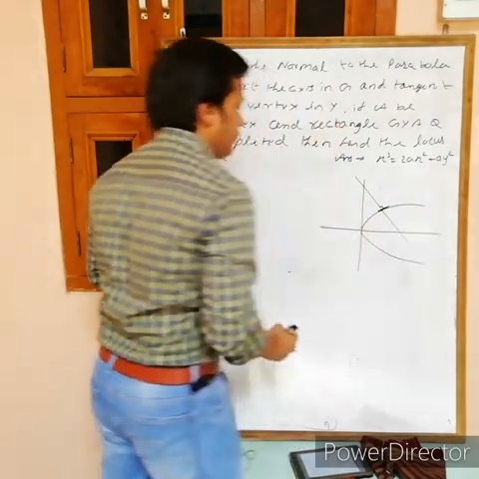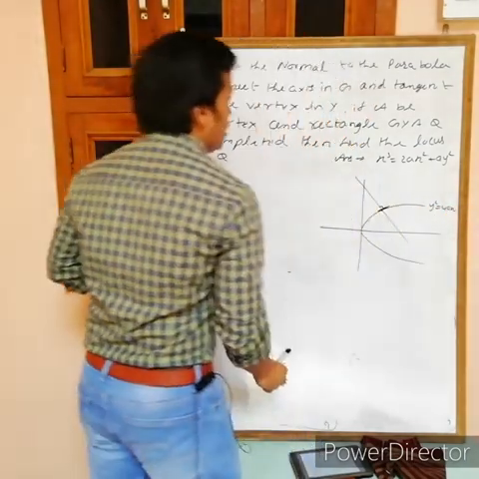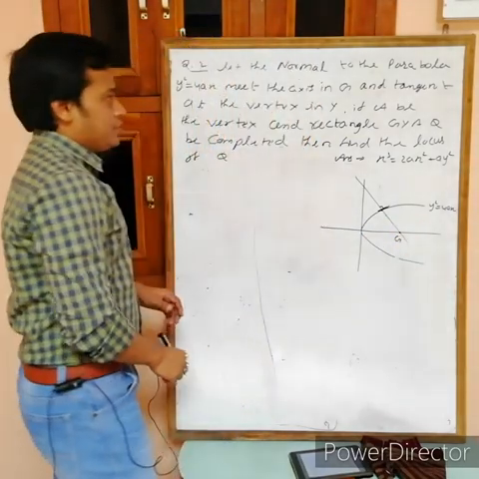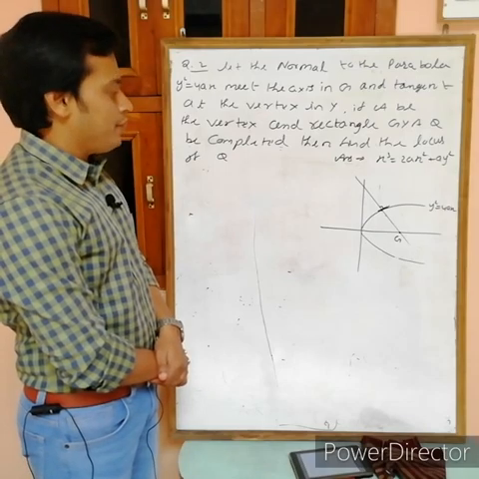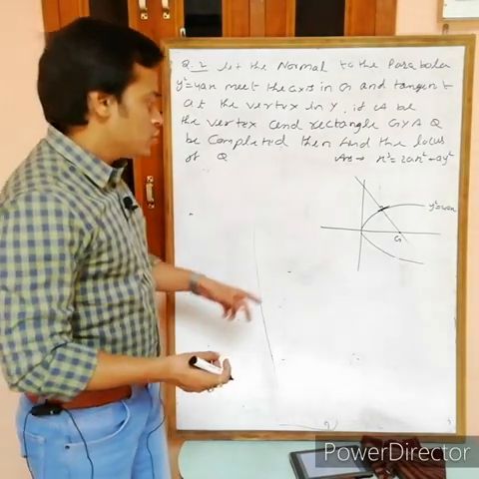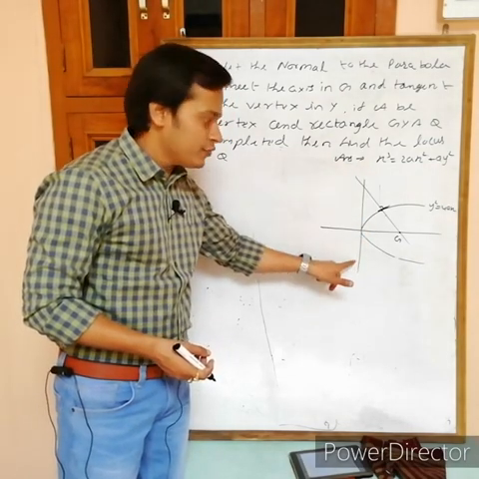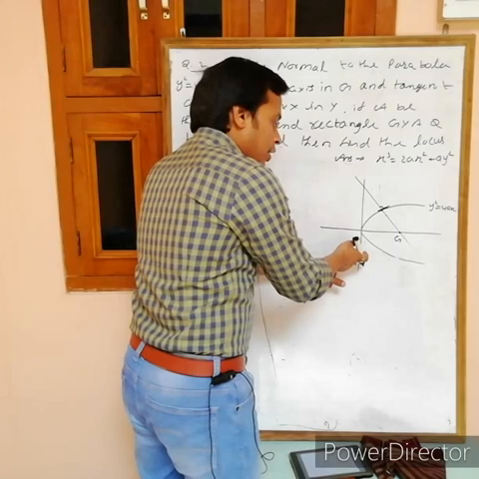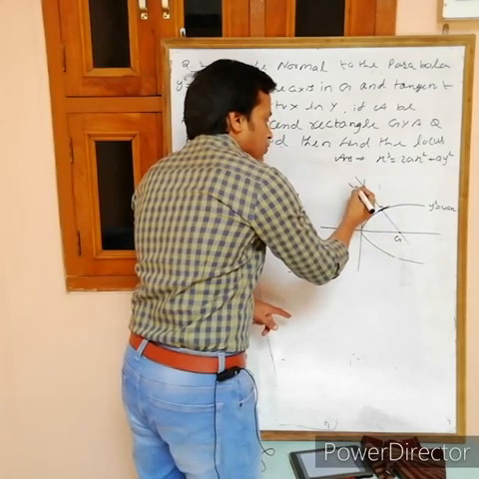This is the axis of the parabola, and this point is G. The normal also meets the tangent at vertex in Y, so this is the point of intersection of the tangent at vertex and the normal. This one is Y.